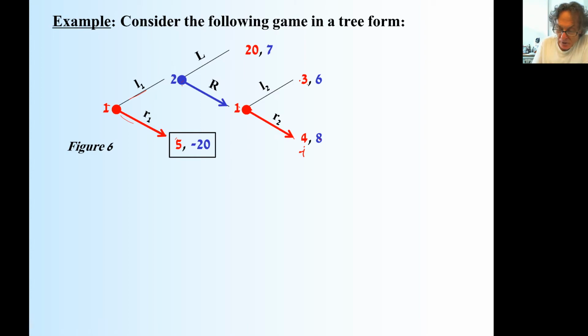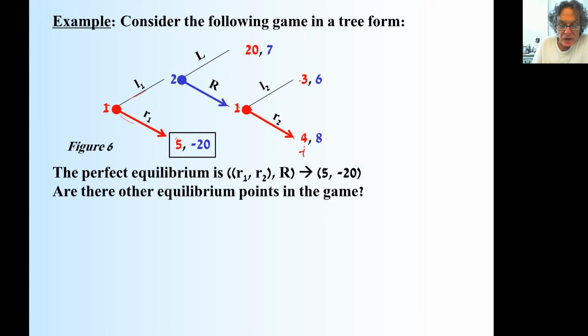Okay, so now, the perfect equilibrium is 5, negative 20. The perfect equilibrium is: I play here R1, I play here R2, and she is playing R here. That describes the strategy of 1 and of 2 in each one of their decision nodes, nodes where they may take a decision.